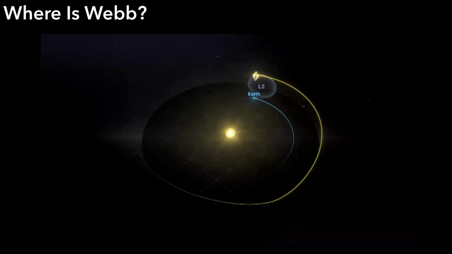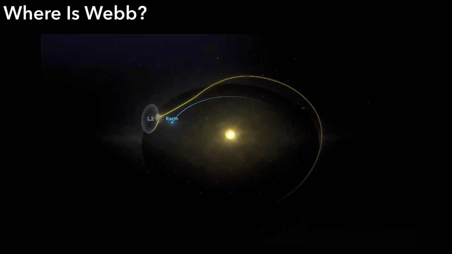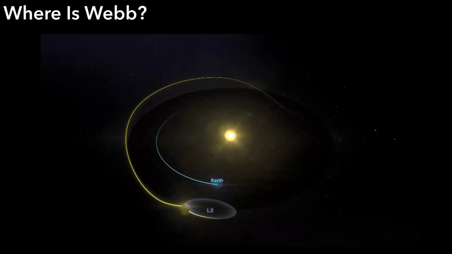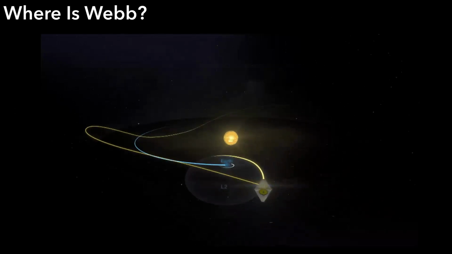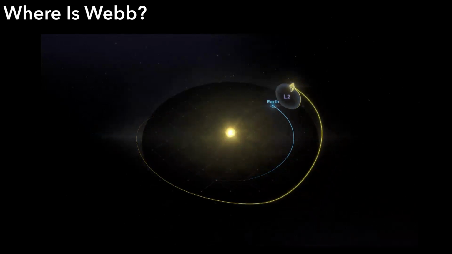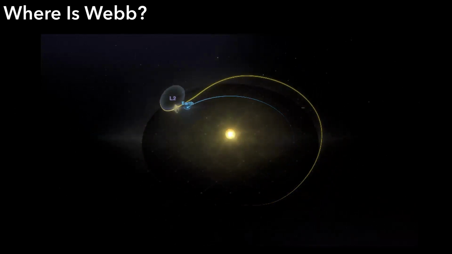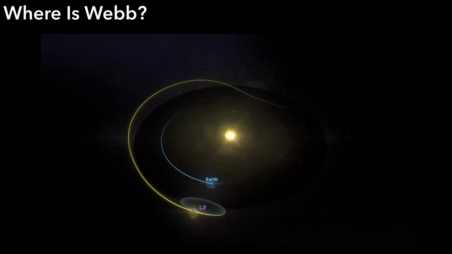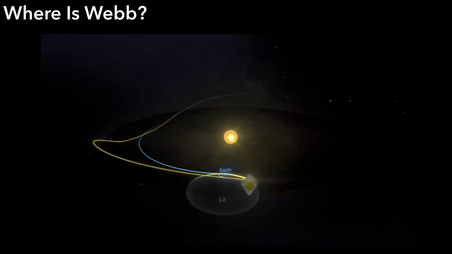Webb is an infrared telescope, and so we have to put it somewhere very special, somewhere very concerning. Hubble is just right outside the Earth's atmosphere. It's basically grazing the atmosphere every time. It's zipping by. We can go up and visit it if we want, say hi, check in, do some repairs. Not true for Webb. We had to launch it into deep, deep space.